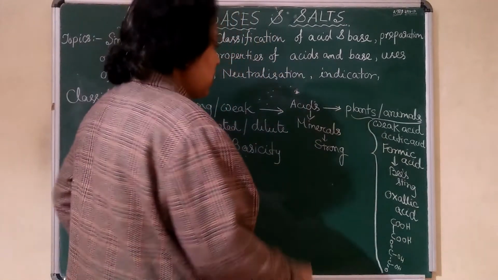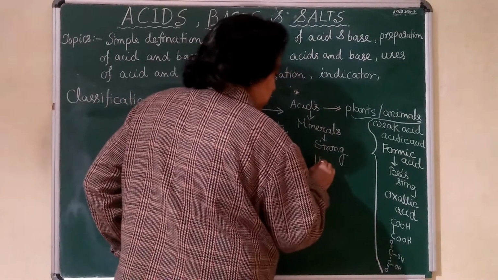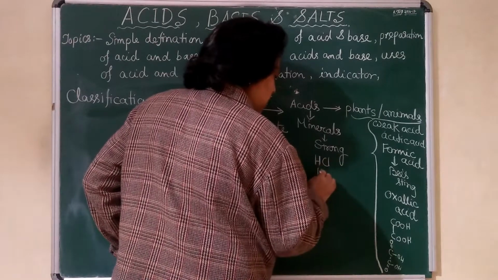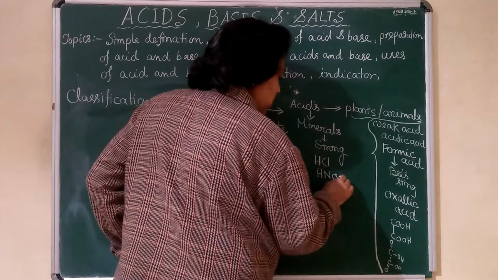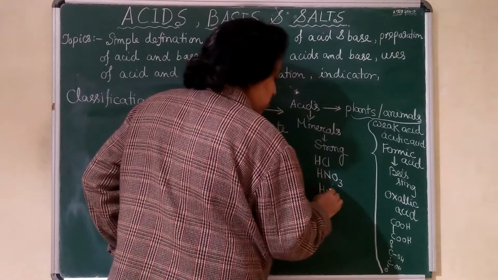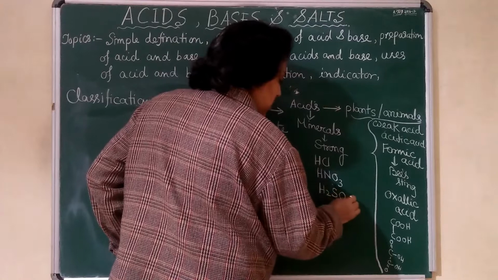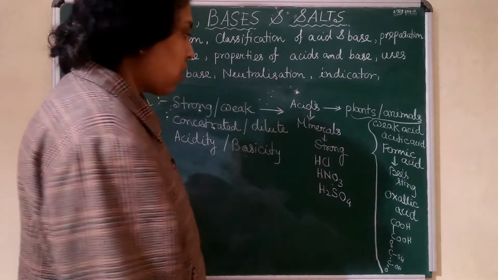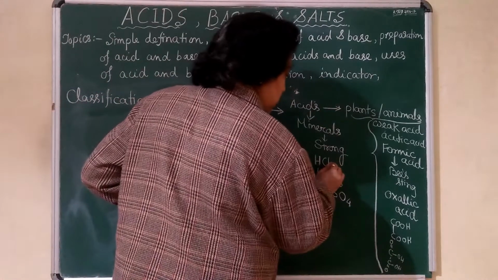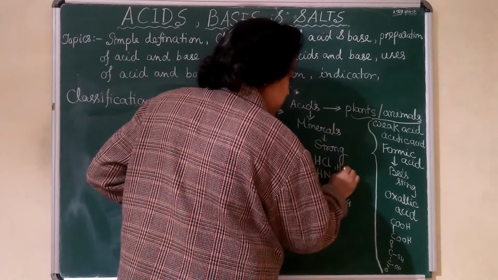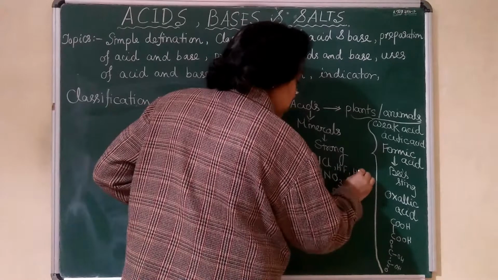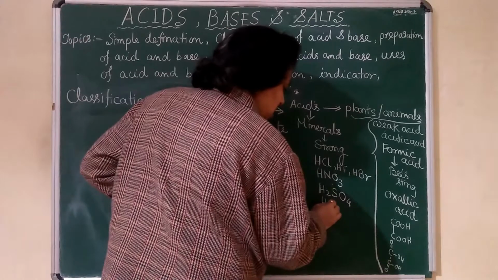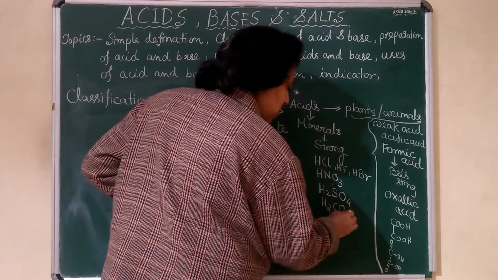Okay, mineral acids, they are coming from minerals: HCl, HNO3, H2SO4. Now these mineral acids are also classified, not only HCl, these are HF, HBr, okay, then H2CO3, carbonic acid.